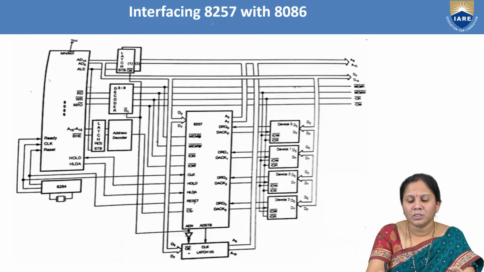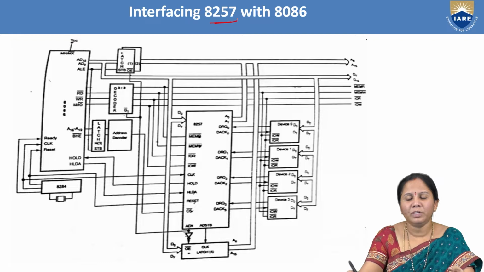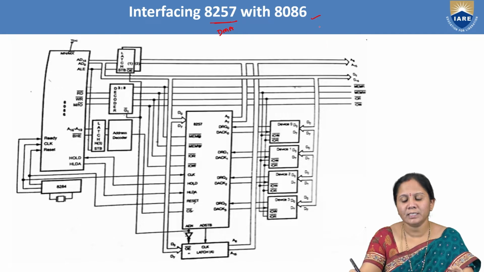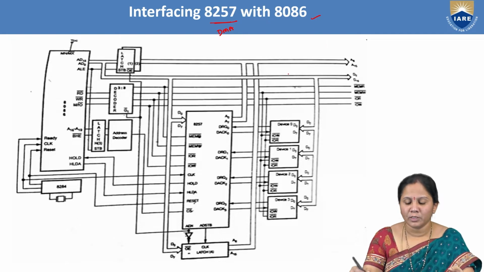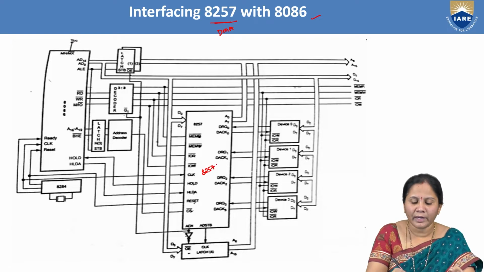Now, this is how we have to interface this 8257 DMA controller with 8086 microprocessor. So here, if you see, this is a 8257 DMA controller and here we have 8086 microprocessor.